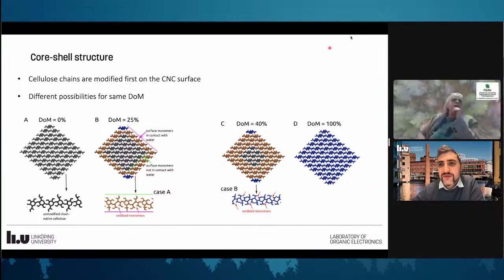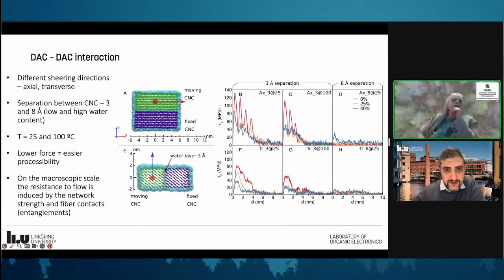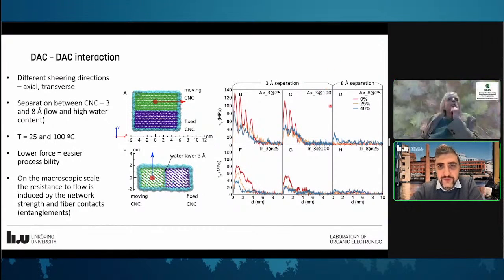If we go to the two fibril simulations, when you had two CNCs, you were looking at the force, the stress curve, and one could see very clear peaks at around three Ångström separation. It seems that you have about one peak per nanometer. Does that mean that it slips one unit?